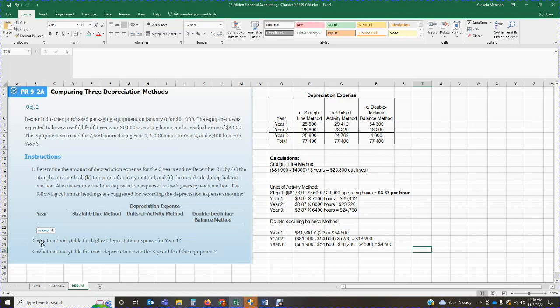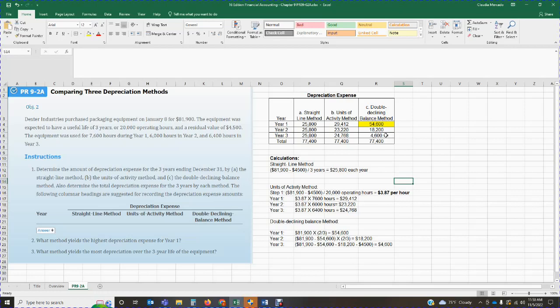Now question number 2 says, which method yields the highest depreciation for year 1? If we notice, the highest depreciation will be the double declining balance method. Why? Because just like the title states, you're depreciating at double the rate. So you're depreciating much faster. Okay?